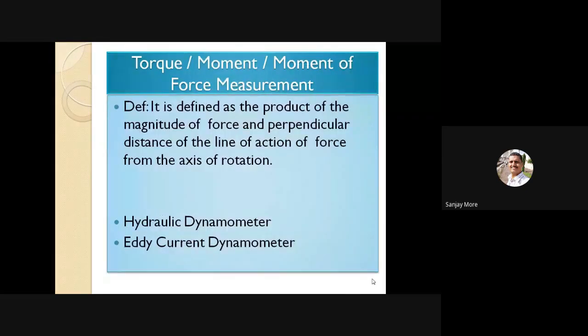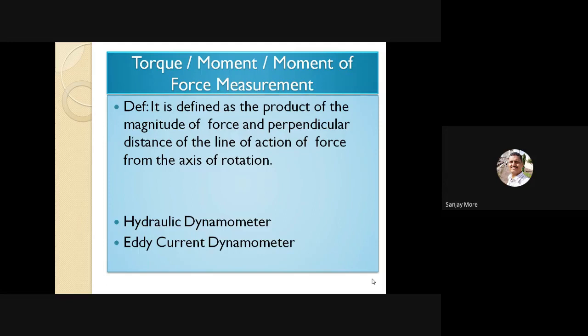Okay. In the first lecture of this chapter, the definition of torque is covered. Here I repeat, it is the product of magnitude of force and perpendicular distance of line of action.